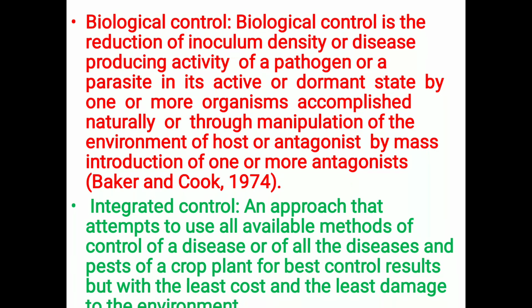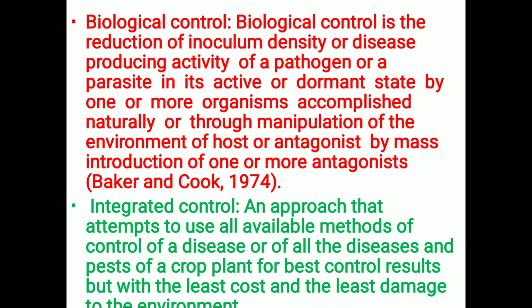Then what does biological control mean? It is the reduction of inoculum density or of the disease-producing activity of a pathogen or parasite, in its active or dormant state, by one or more organisms, accomplished naturally or through manipulation of the environment, of the host or antagonist, or by mass introduction of one or more antagonists.